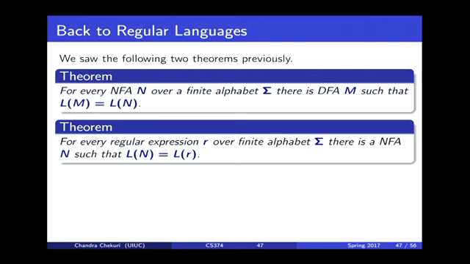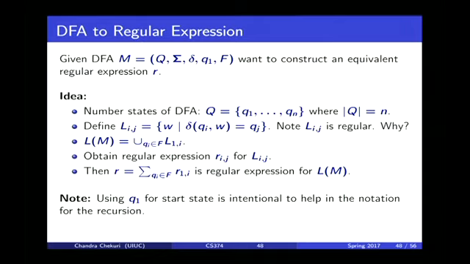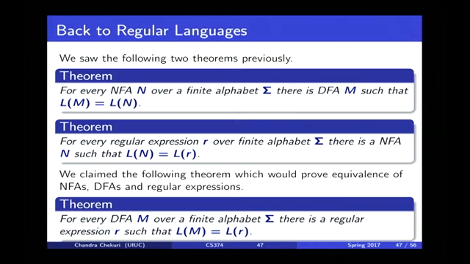Why? Because it's difficult. Okay, but the reason why it's difficult is because we needed this recursion. This Floyd-Warshall recursion is what gives us the thing. Because what do we want to do? I want to convert a DFA into a regular expression. If I give you a DFA, can I create a regular expression?